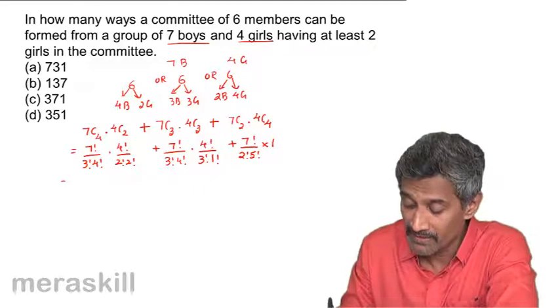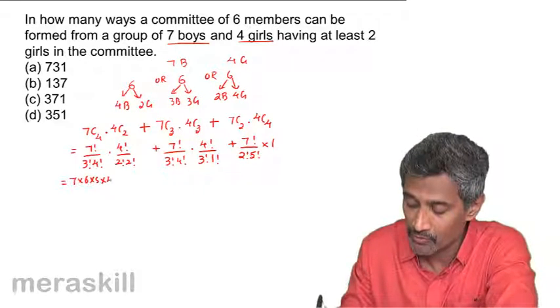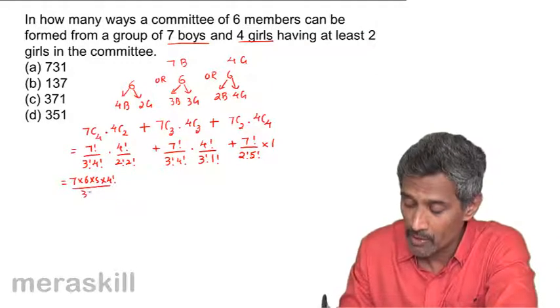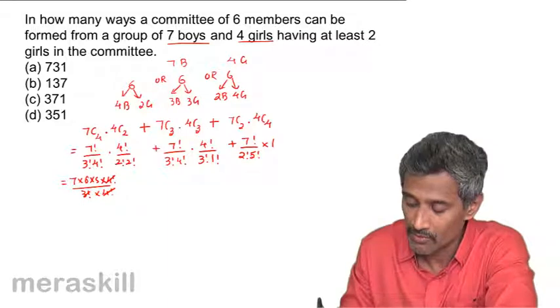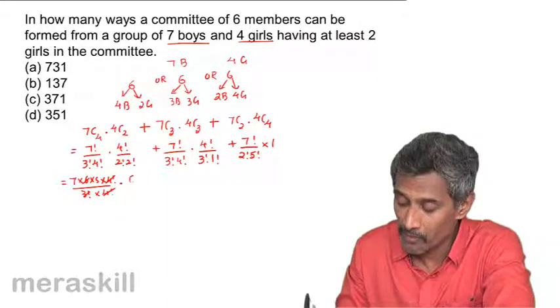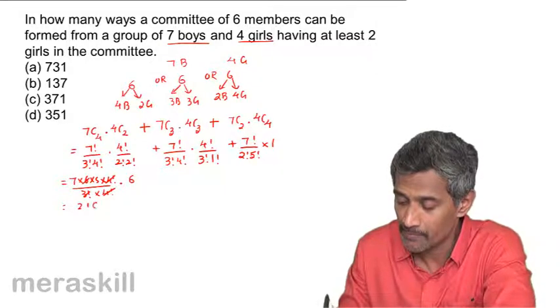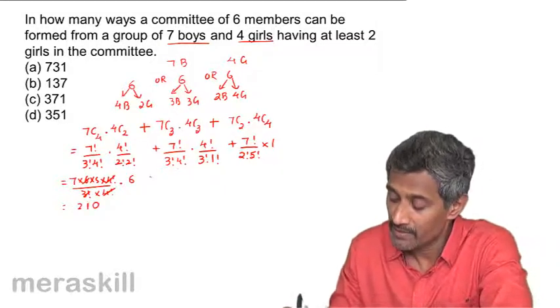Now let's simplify this. It will turn out to be 7 into 6 into 5 into 4 factorial upon 3 factorial into 4 factorial. This gets cancelled. This also gets cancelled. 35. This will be 24 by 4, 6. So it's going to be 35 into 6, 210.